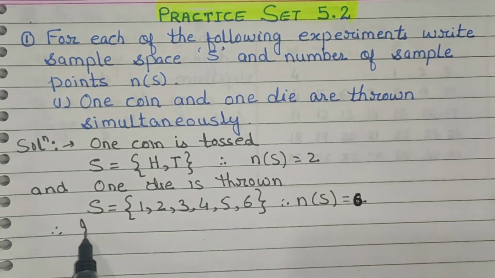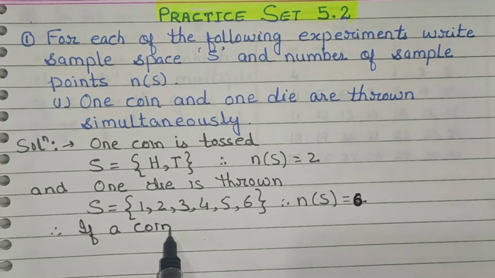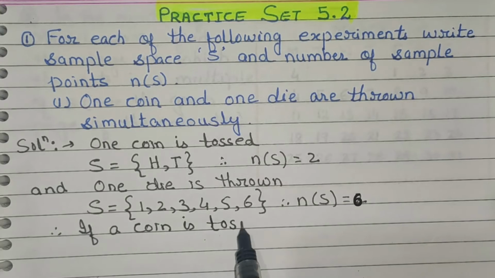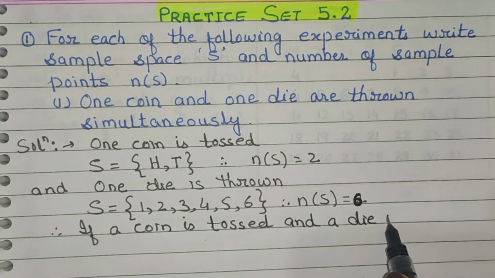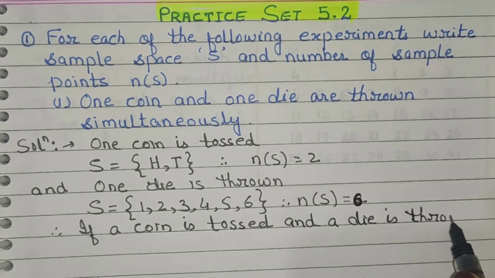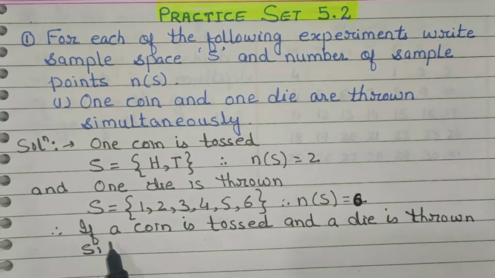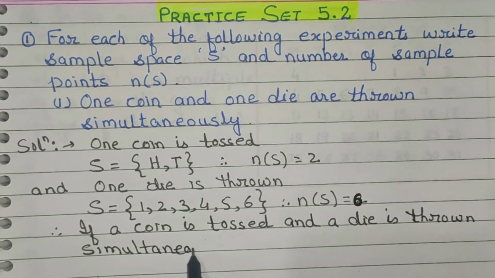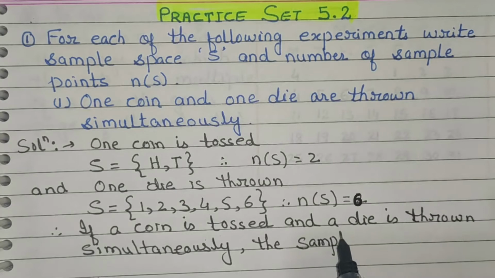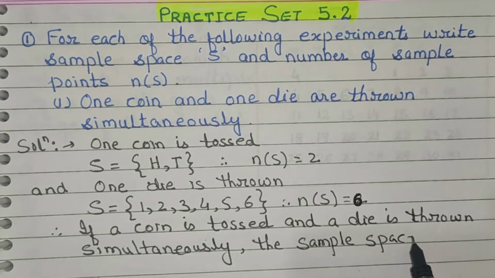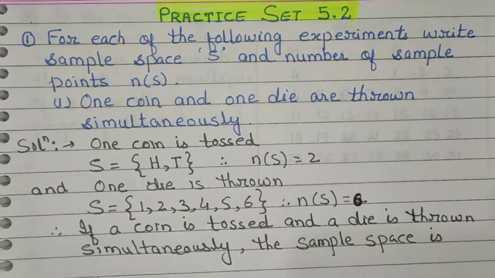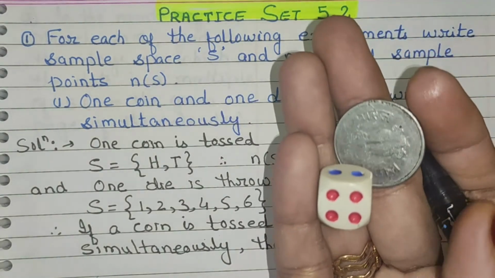Therefore, if a coin is tossed and a die is thrown simultaneously, the sample space is, now look at here, it is one die and one coin.